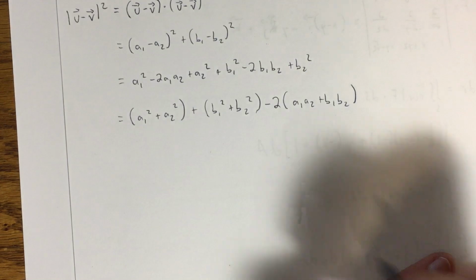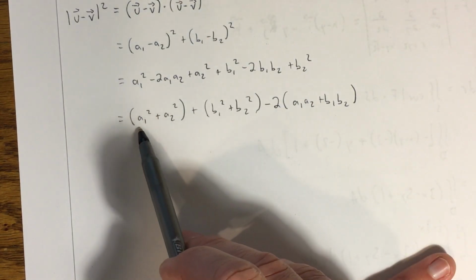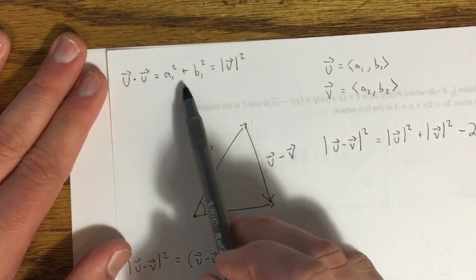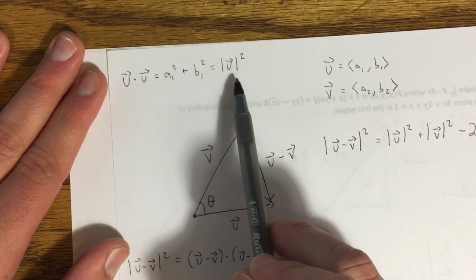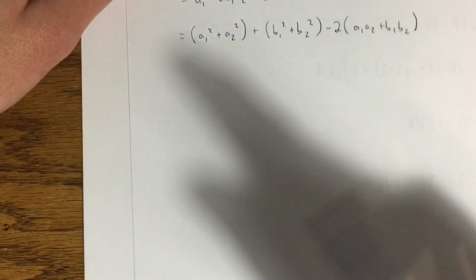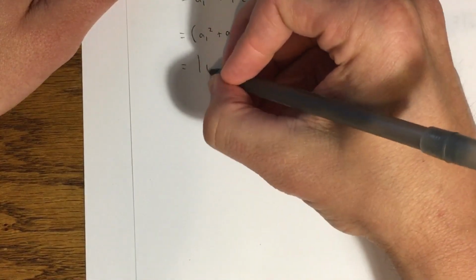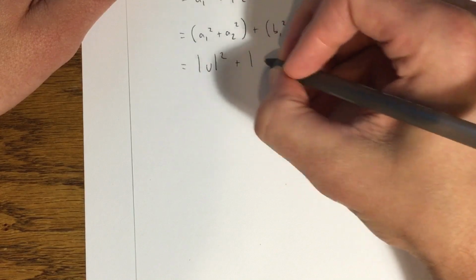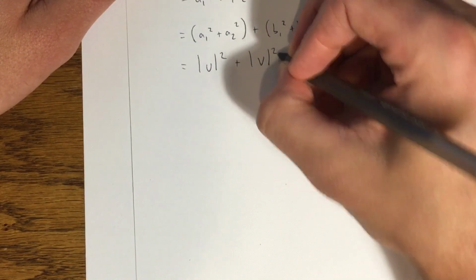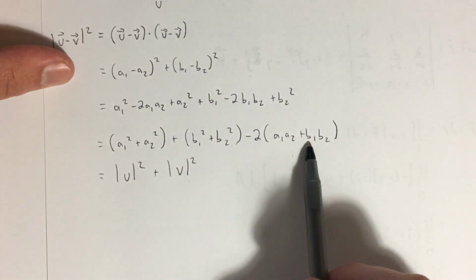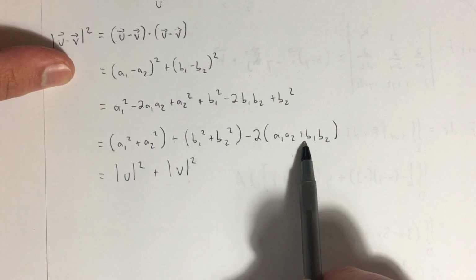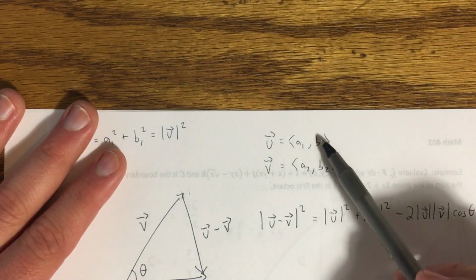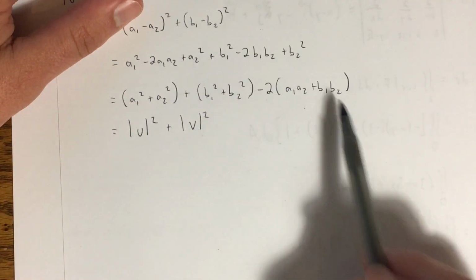Okay? Notice this thing right here is the square of the magnitude of u. So this could be written as the magnitude of u squared. Similarly, that's the magnitude of v squared. This guy right here is, by definition, the dot product of u with v. Notice that would be a1 times a2 plus b1 times b2. That's what gives me the thing in the parentheses.